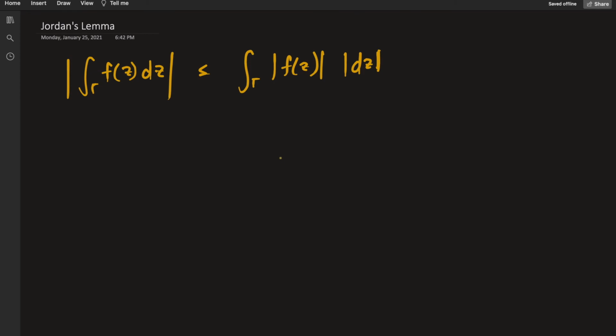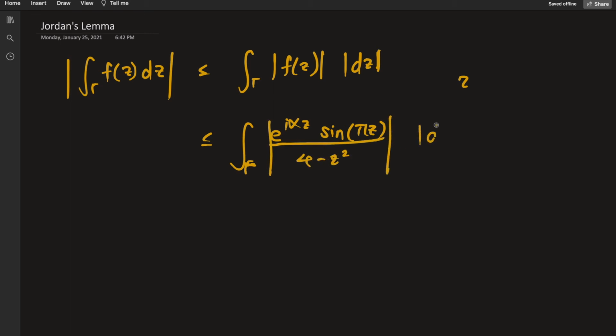Okay, so we start off with the basic set of inequalities that we've always known. Now we can substitute for f of z. So the integral over gamma of e to the I alpha z sine pi z over 4 minus z squared, mod of that, mod of dz.